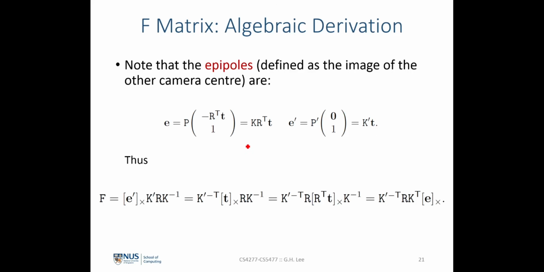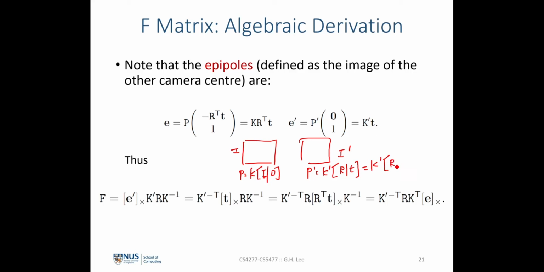So now we have two images, I and I prime. We know that the camera matrix of the first view is given by P equals K multiplied by [I | 0], and P prime equals K prime multiplied by [R | T], which can be rewritten as K prime multiplied by [R | minus R C tilde], where C tilde is the camera center.